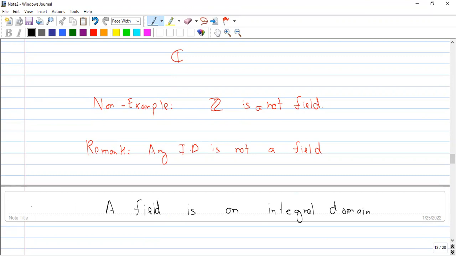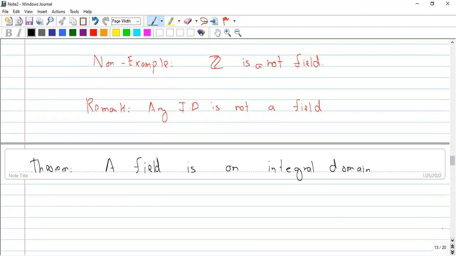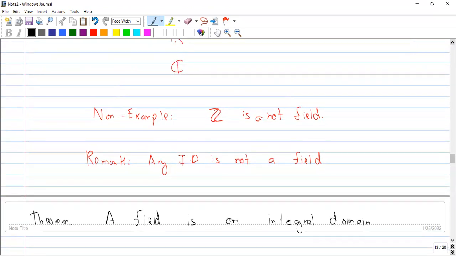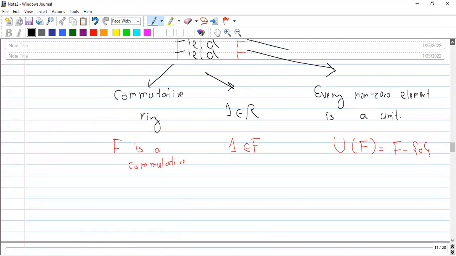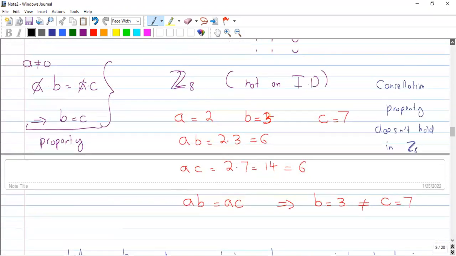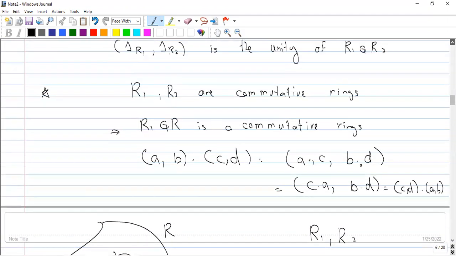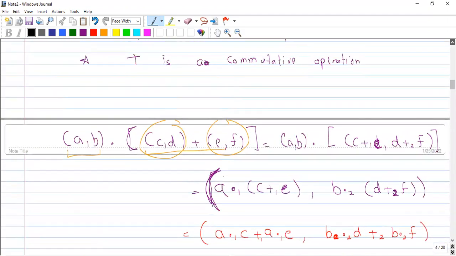And what is the proof? Again, what is the main difference if you compare the definition of the field and the definition of an integral domain? An integral domain is free from zero divisors.